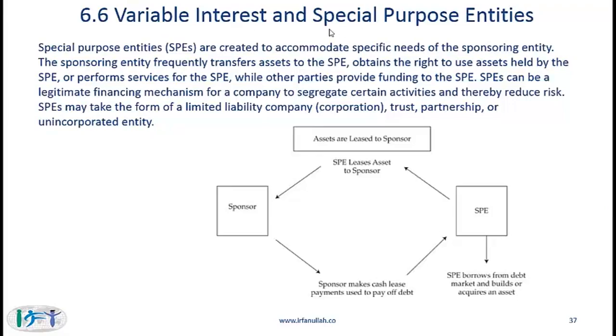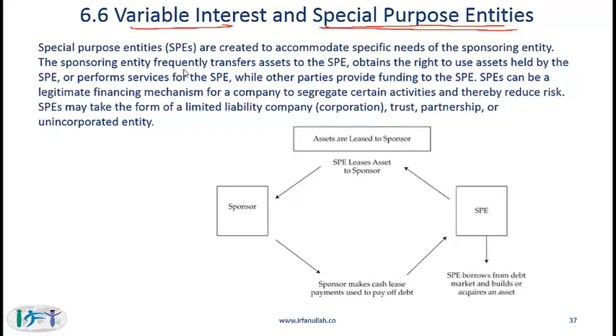Variable interest and special purpose entities. This term, special purpose entities, is used in both IFRS and US GAAP. The term variable interest entity is used in US GAAP. Special purpose entities are created to accommodate specific needs of the sponsoring entity.